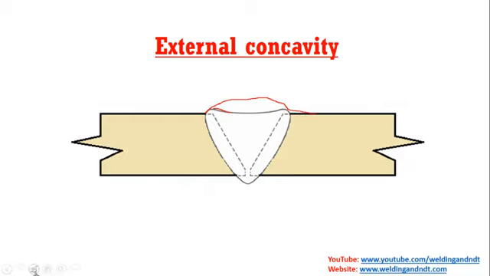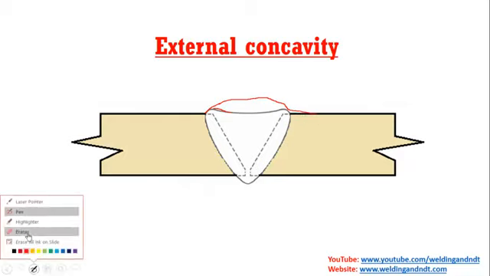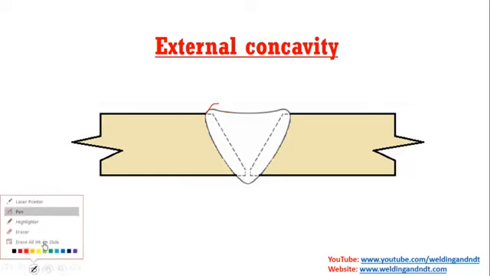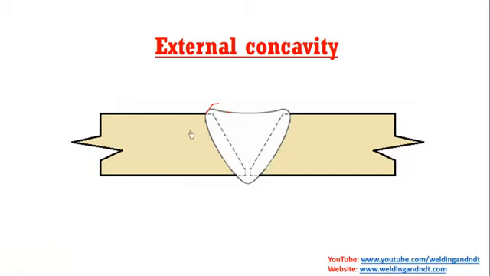Sorry, let me draw one more time. How a normal welding will look. I know you people know, but let me show you one. This is very difficult to draw, but I'll try one more time.